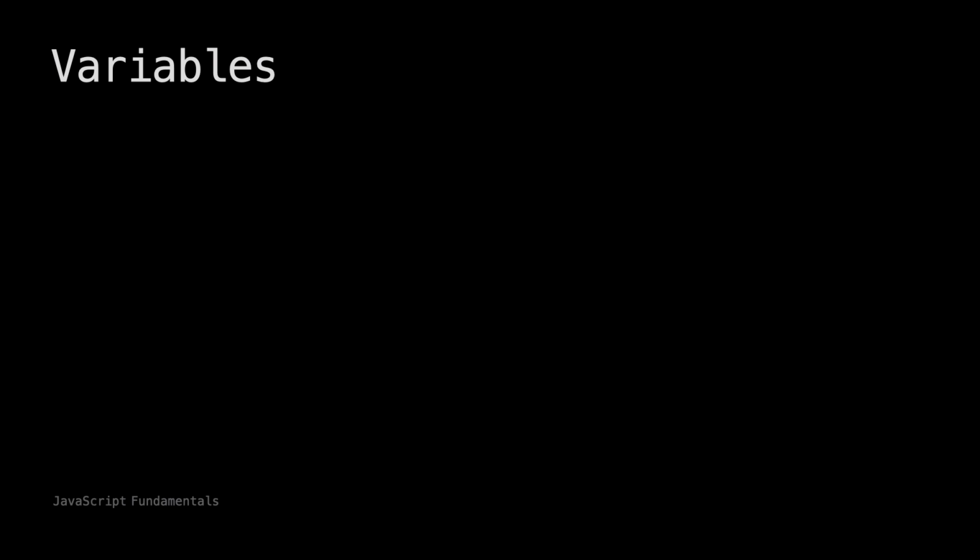JavaScript has three kinds of variable declarations: var, let, and const. The var keyword is an older keyword. However, it is still used in some projects out there, so we have to take it into consideration. The var keyword declares a variable, and optionally we can initialize it to a value.